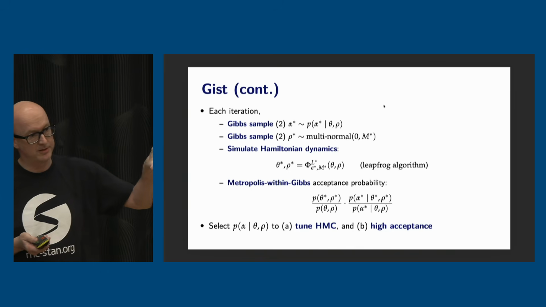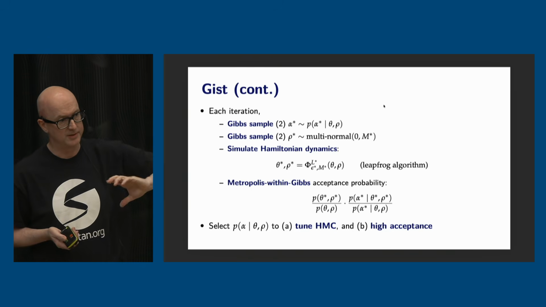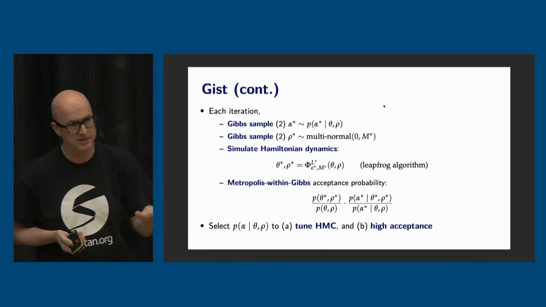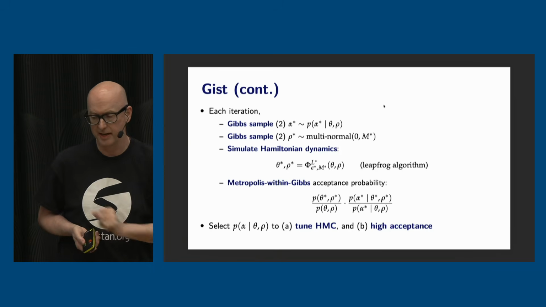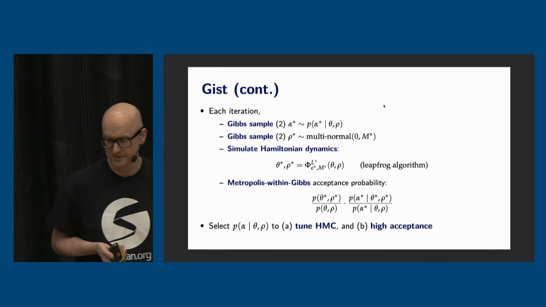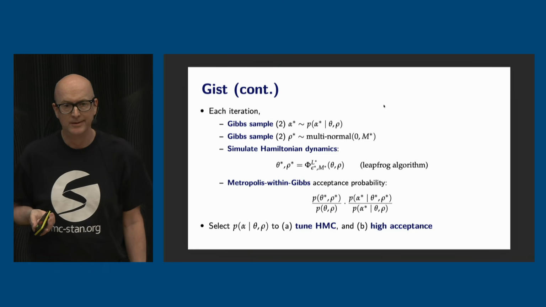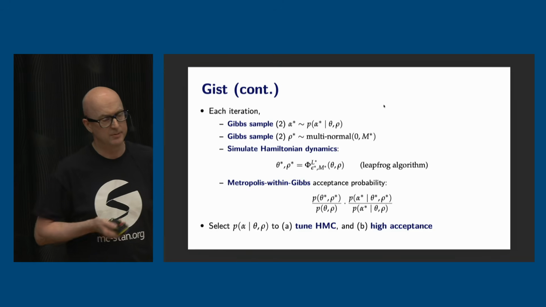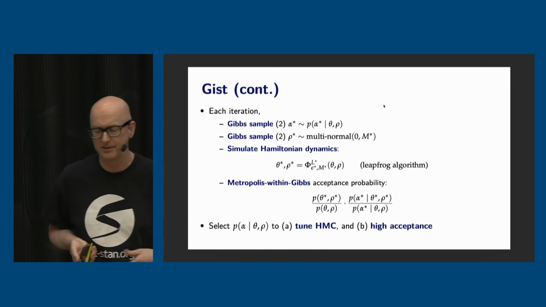So you're Gibbs sampling the tuning parameters, then you're Gibbs sampling the momentum, and then you're doing the standard Metropolis-within-Gibbs step like happens in HMC. But now we get this extra Hastings-style correction term for having chosen the tuning parameters. We were really surprised that no one had really done this before. Right? This seems like such a simple idea, and we talked to a bunch of people, and they said, yeah, we kind of thought about something like this, but never really figured out how to make it work.